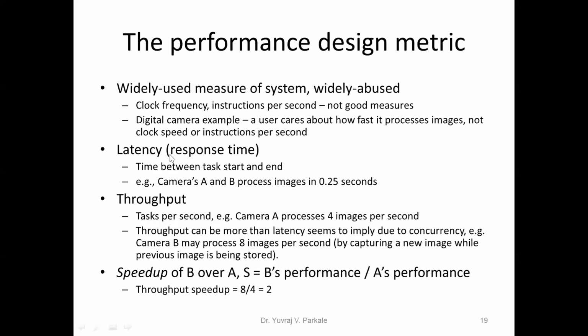First is response time, the time between the start of the task and the end of the task. Throughput is the number of tasks executed per second, and speed up lets us compare the performance of two systems. That is all about the performance design metrics.